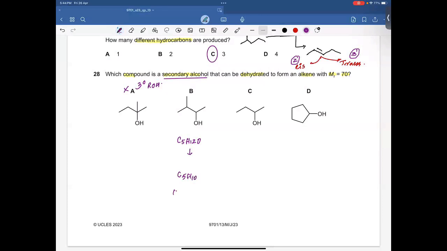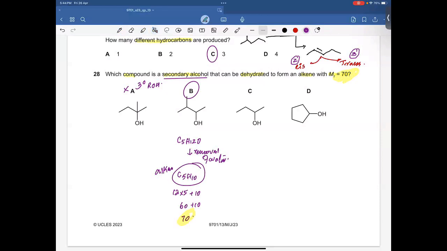C5H10 is 12 times 5 plus 10. So 60 plus 10 is basically 70. So the Mr of this alkene is 70 after the removal of water. And that's what the examiner wanted to find out. So that's your 70. So answer is B.